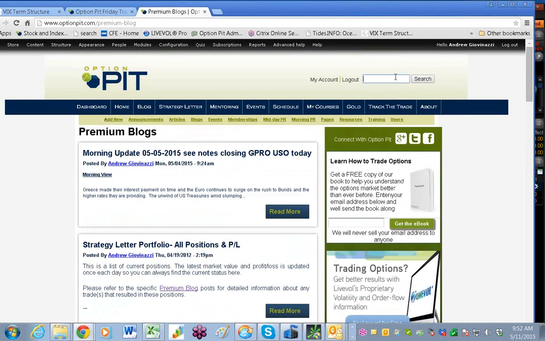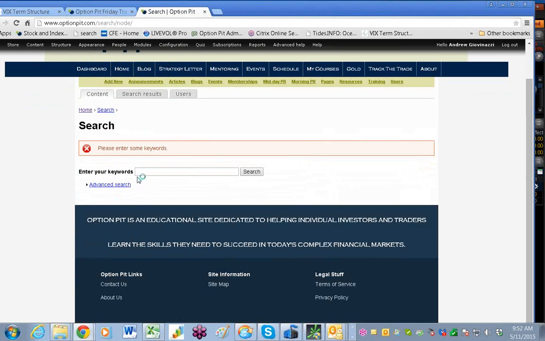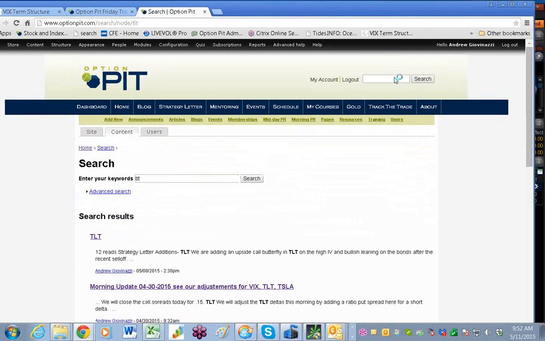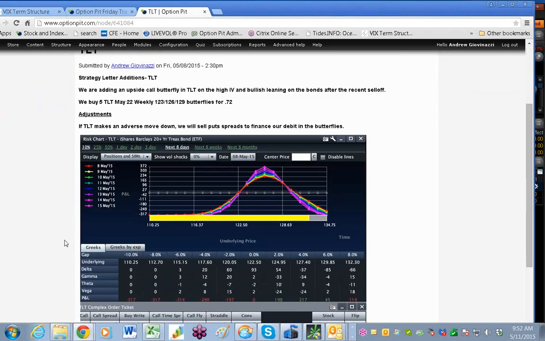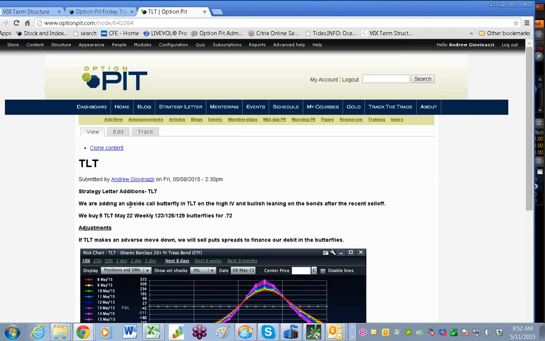So if you want to see, say, our latest TLT position, you search TLT, and the latest trade for TLT will be here. It takes you right to the page, and all the adjustments, anything we've done, will be there. So it'll be easy to follow name by name if you want to.